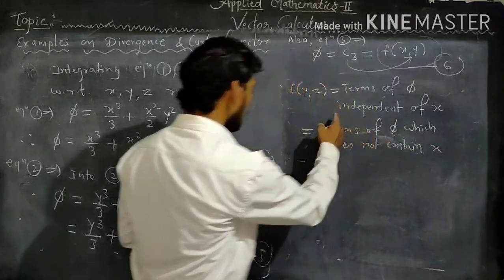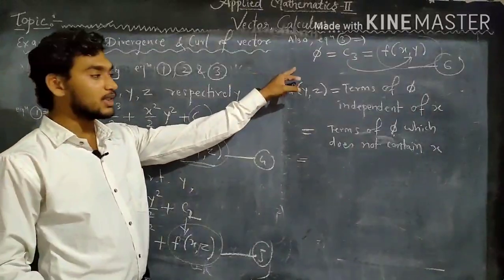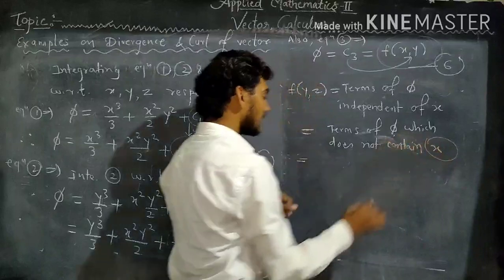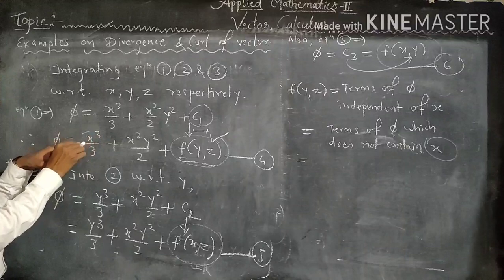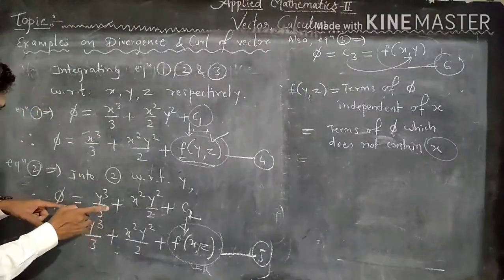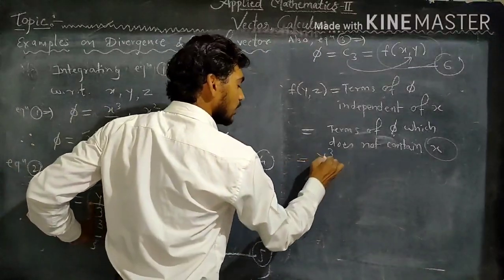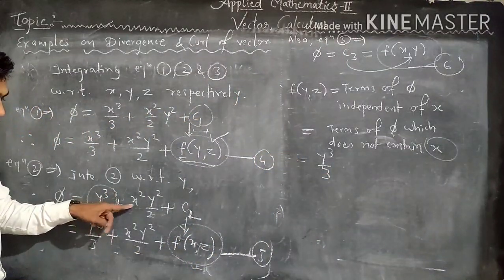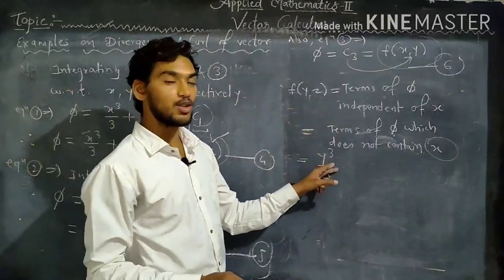So just observe in equations 4, 5 and 6, we have to find those terms which do not contain x. In equation 4, here x is present, so we will skip this. Here again x is present. Now equation 5, here there is no x, so we will write it as y cube by 3. Next, here again x is present, so we write f of yz as y cube by 3.